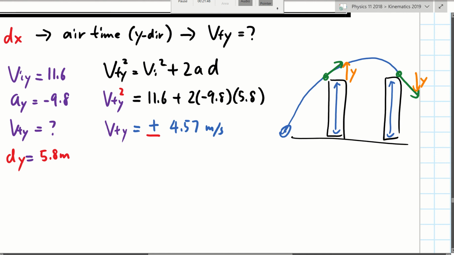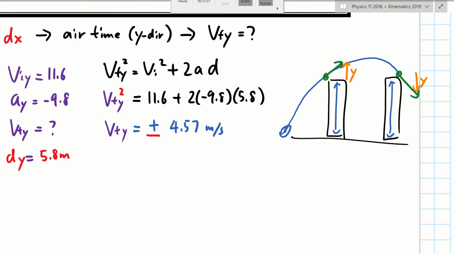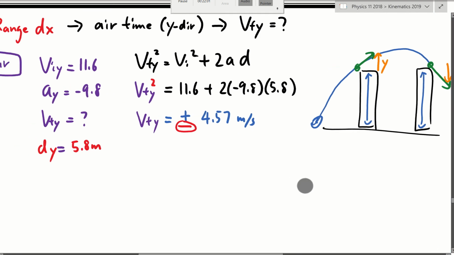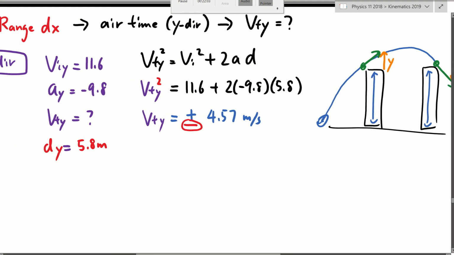And that's okay. So we are going to look at this right now and assume that is the negative one, so we pick this one, right? And then we're going to use it to continue and get time. Okay, so get a time. So time: V final equals V initial plus AT.